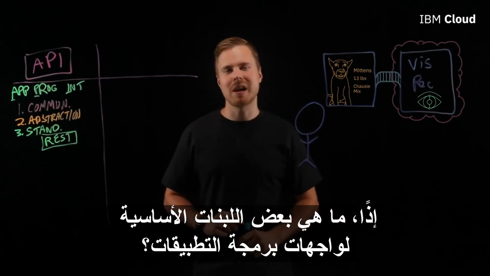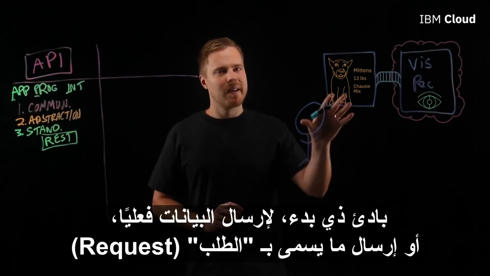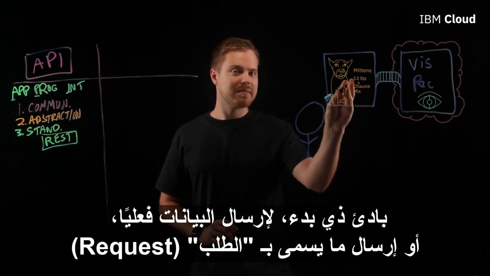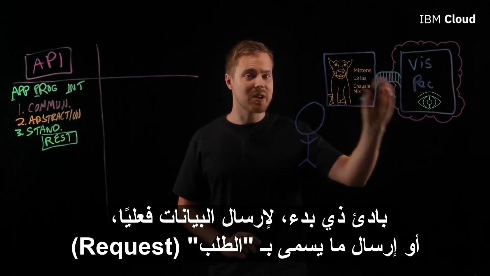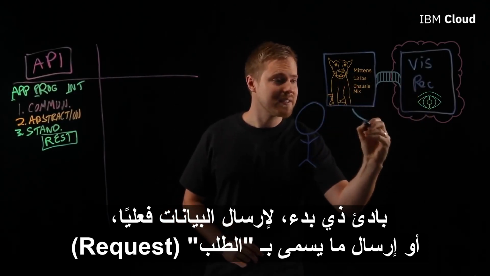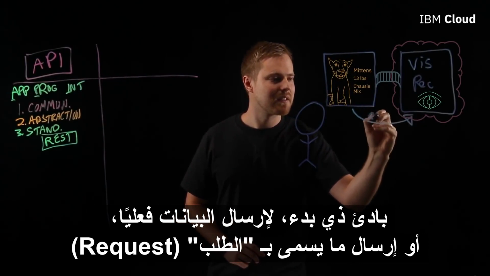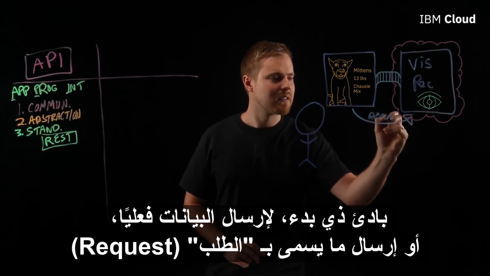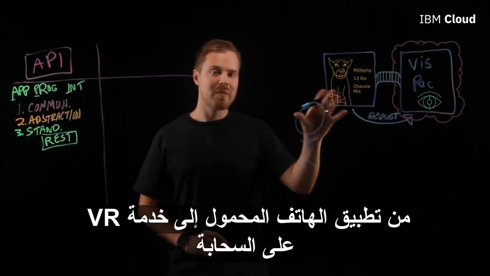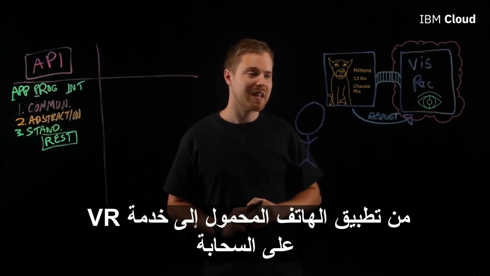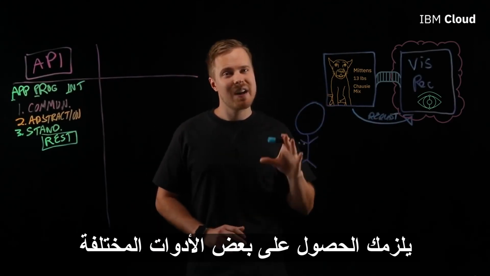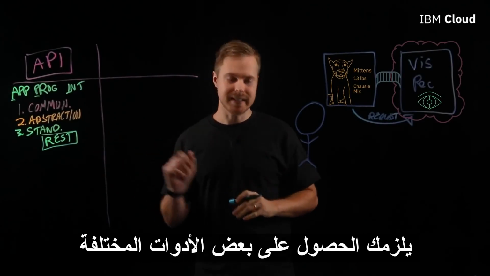So what are some of the building blocks of APIs? First of all, to actually send data, or send what's called a request, from the mobile app to the VR service on the cloud, you need to have a few different pieces.